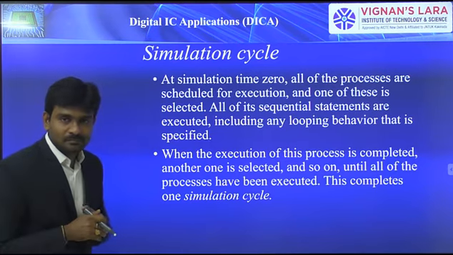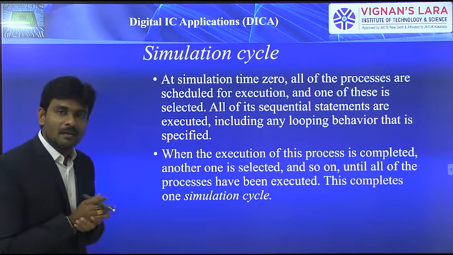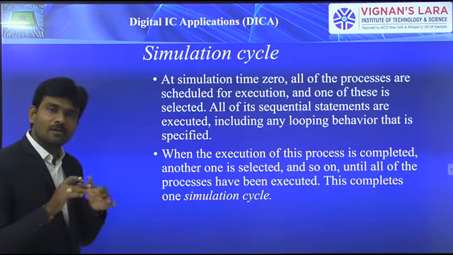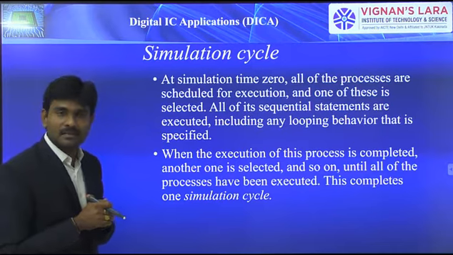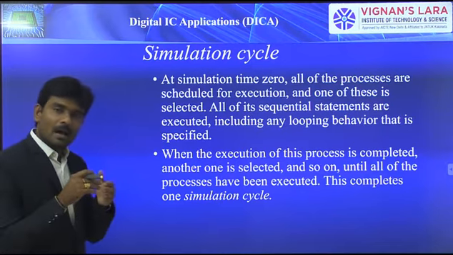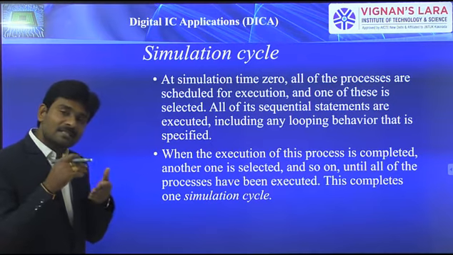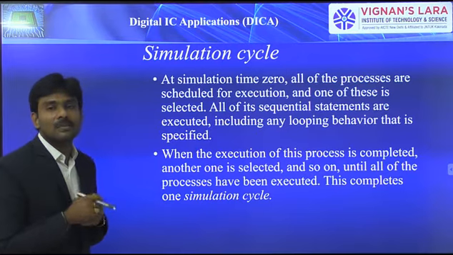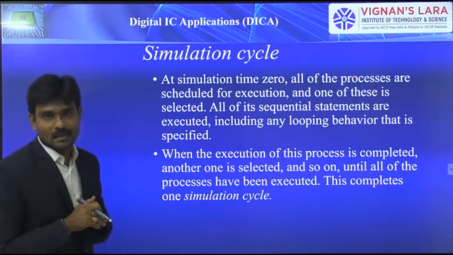But anyway, in majority of cases in behavioral modeling, we write processes by means of a sensitivity list only. Which process executes first depends on which signal value in the sensitivity list varies; that process executes first.